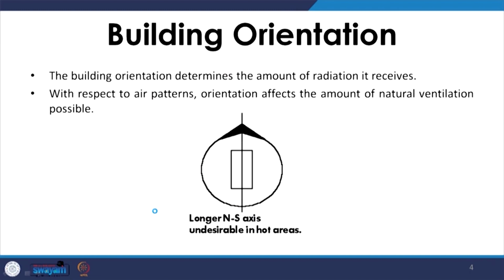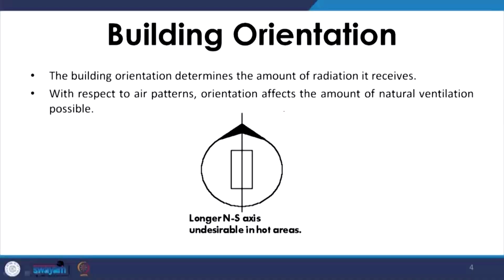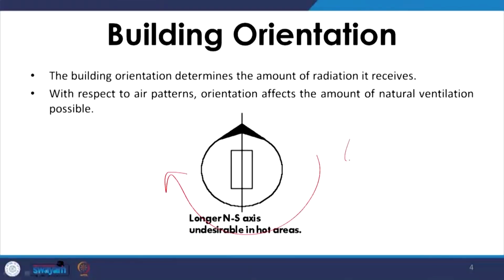The building orientation mainly determines the amount of radiation which the building is going to receive. Since we clearly know that the sun moves from east to west in the northern hemisphere, and we are talking about India in this case, it rises from the east and sets in the west.